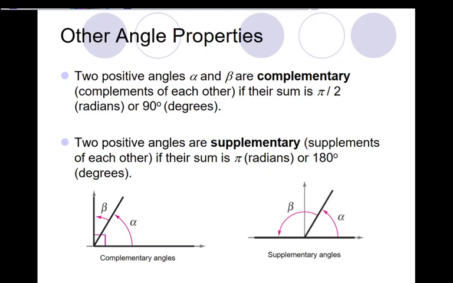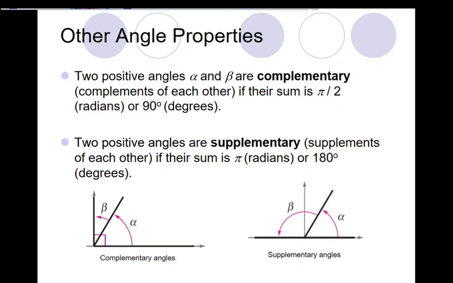Supplementary angles are angles that add up to 180 degrees. And of course, in radians, complementary is pi over 2 versus supplementary being pi radians. So there are two angles that share a vertex that add up to either 90 or 180 degrees. This is something we're going to be talking about later, but I just wanted to reintroduce it.